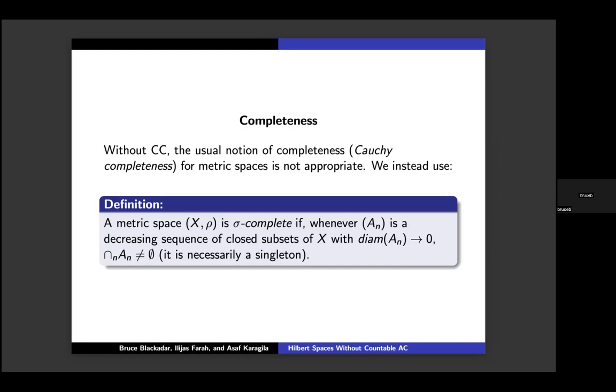So instead, we use what we call sigma completeness. A metric space is sigma complete if whenever you have a decreasing sequence of closed subsets whose diameters approach zero, the intersection is non-empty. And of course, it's necessarily a singleton.